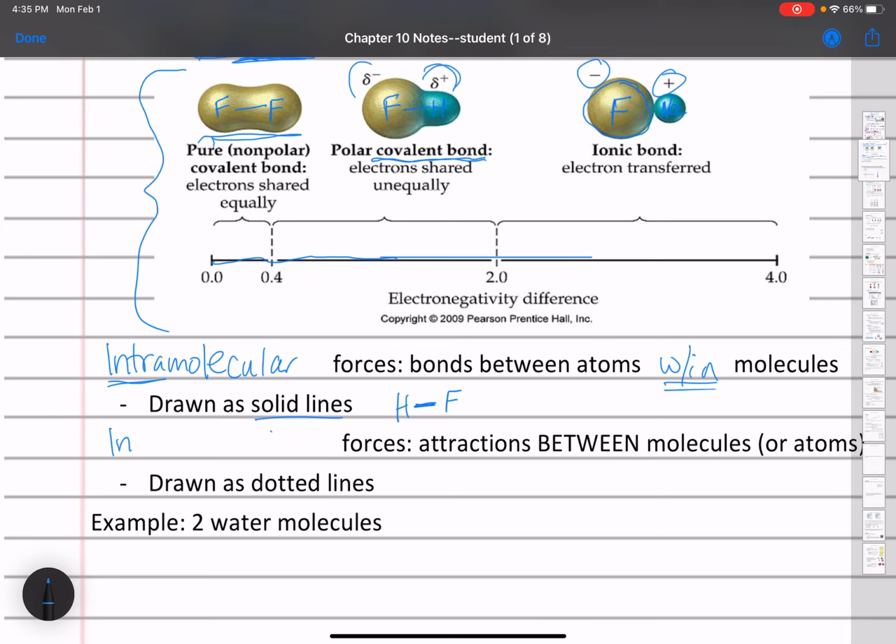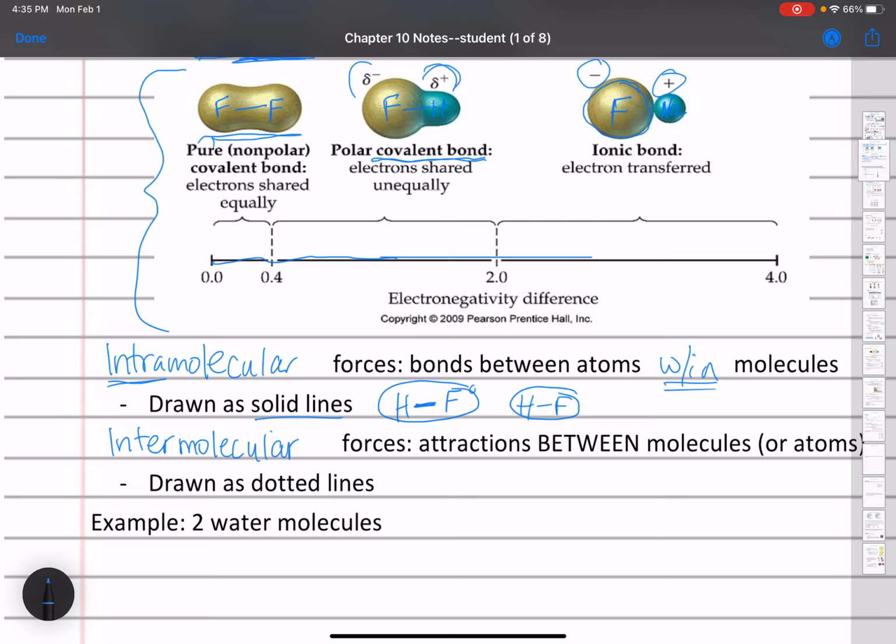But there are also things called intermolecular forces. So if we have two molecules of HF, they are actually attracted to each other.